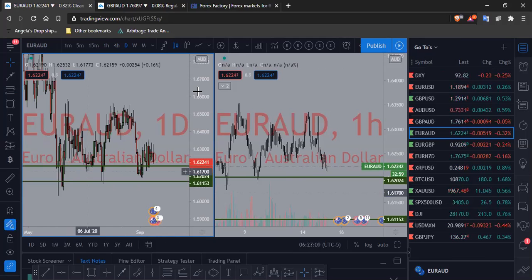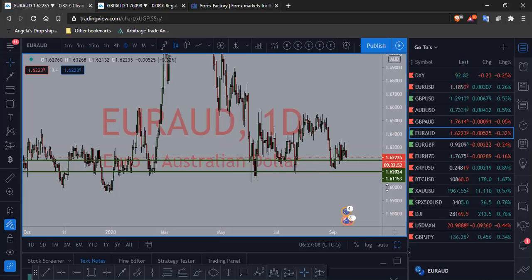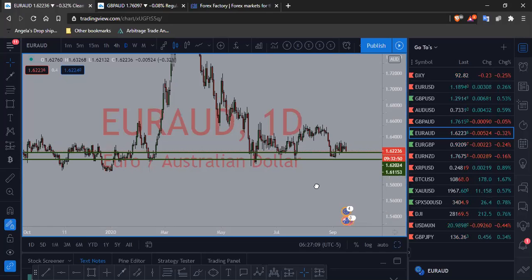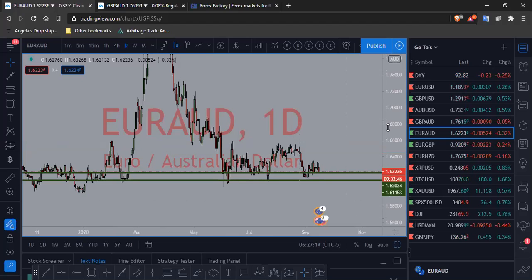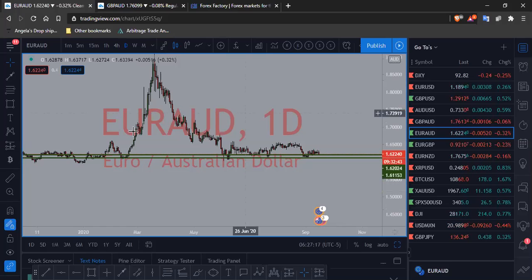Let me see something real quick. Because this really just turned all the way around with this. This looks parabolic, as Peyton will say.